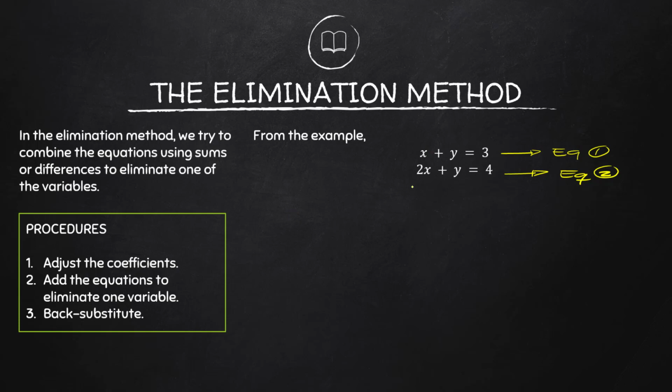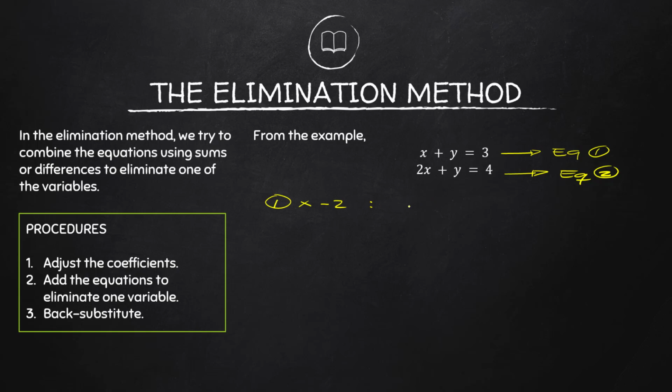Why are we doing that? So that when we add the two equations later on, when you multiply negative 2 to equation 1, this will become negative 2x, and then when you add the two equations, you can cancel the variable x. We will eliminate the variable x in the equation. So we have here equation 1, multiply that by negative 2.